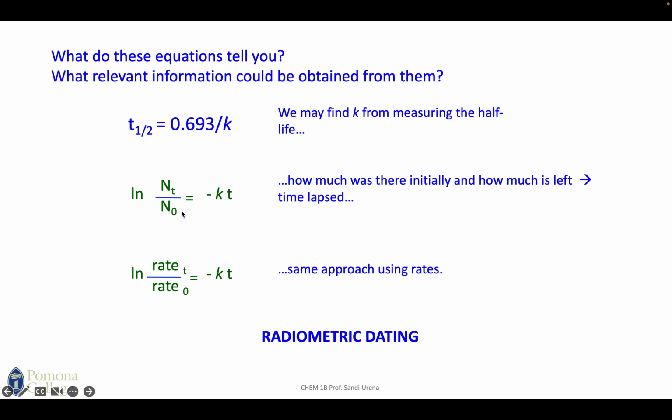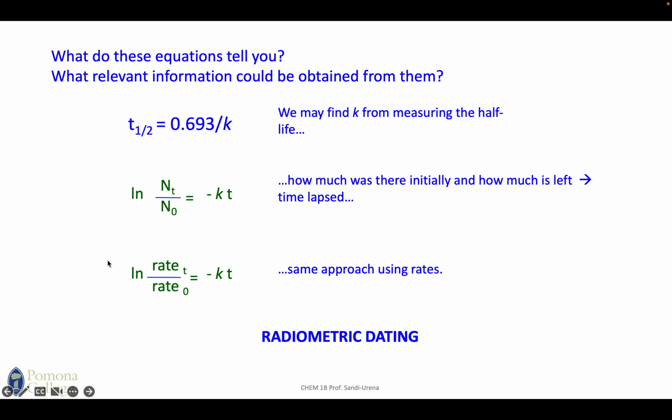Or if we know how much we had initially and how much we have now, we can find that ratio, and from that we can find the time that has elapsed. Similarly, in one of your stop and practice exercises, you showed that using the ratio of the decay rate at a given time to the original rate is equivalent to using the number of particles.